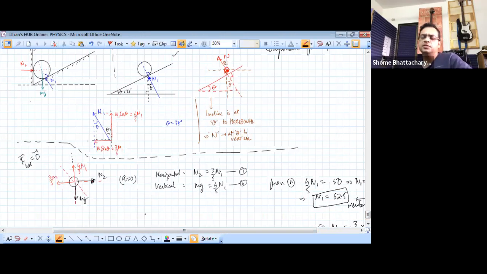We don't need a three-dimensional diagram, because all the forces are in the vertical plane.